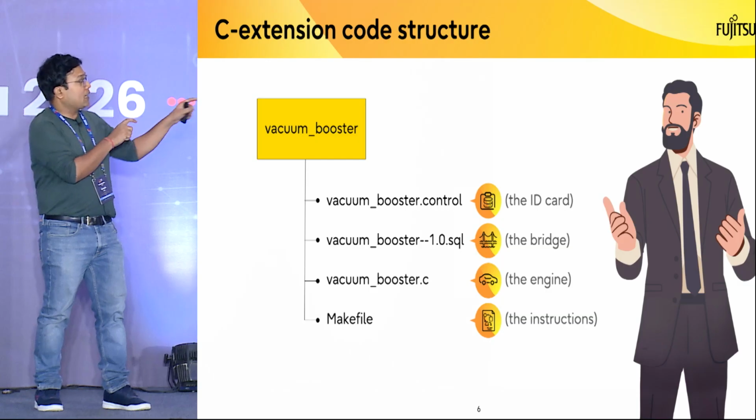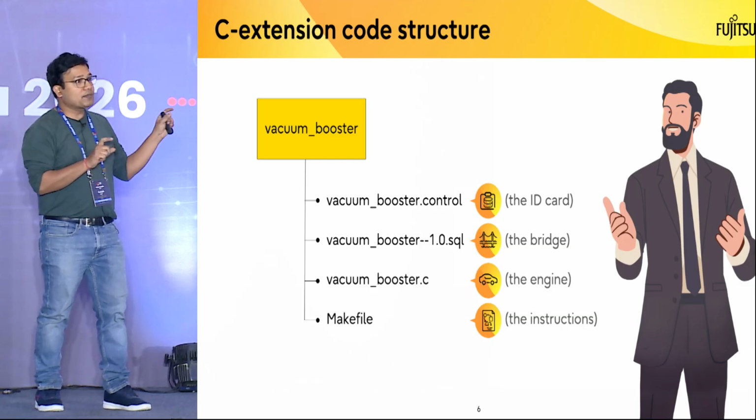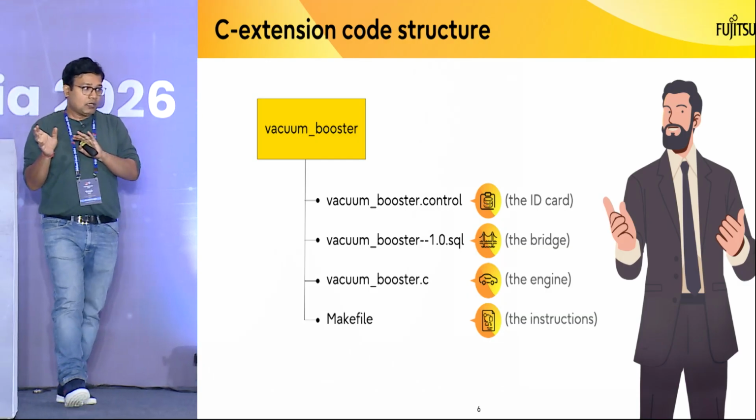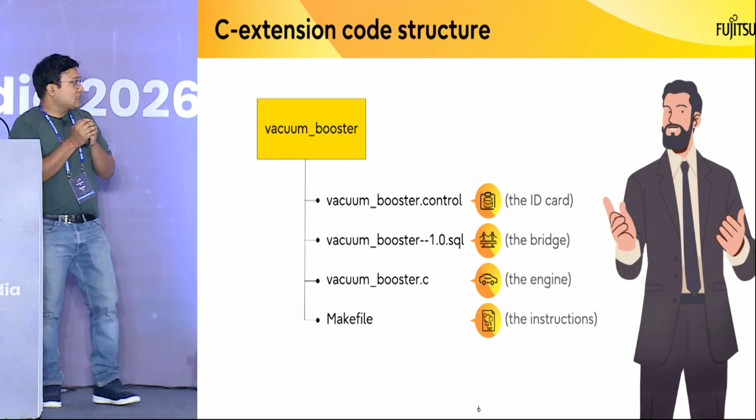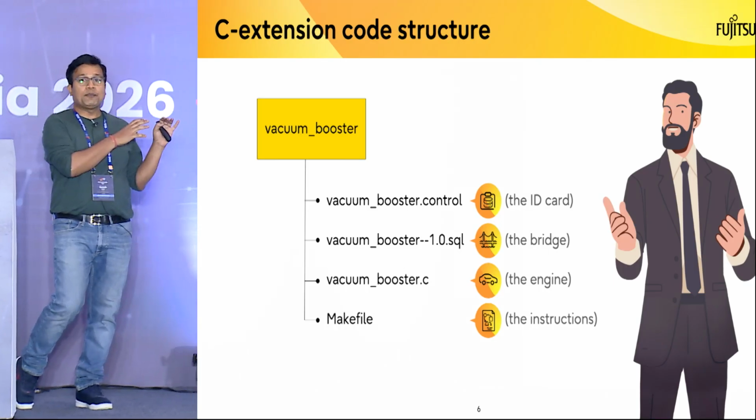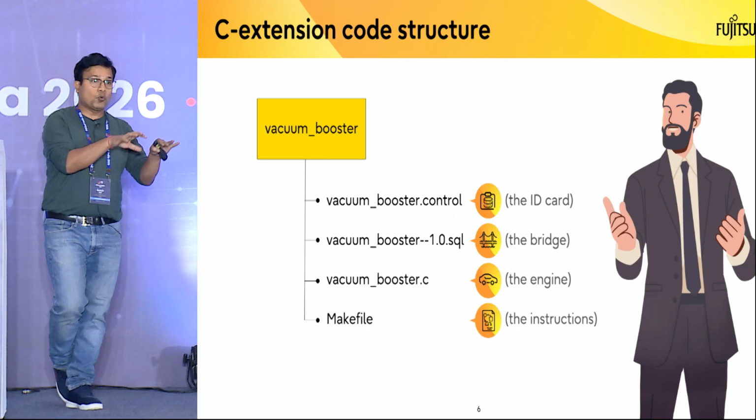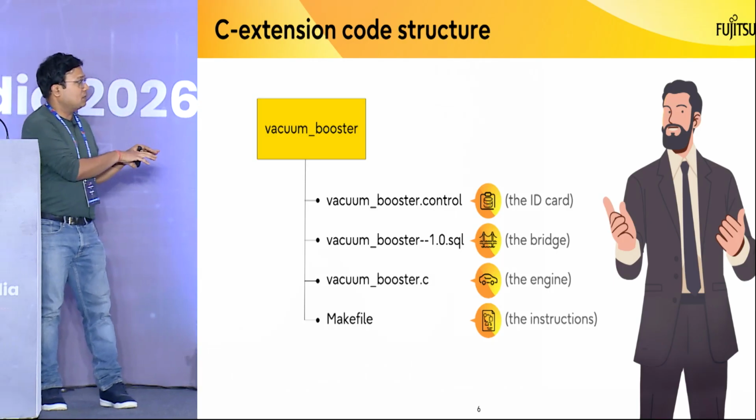Those interfaces are mentioned in the .sql file, so we call it the bridge between the user and our core logic. Whereas the .c file is the implementation where we really implement the core logic related to the extension.